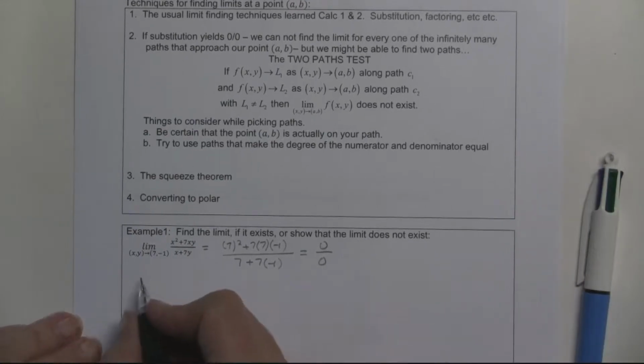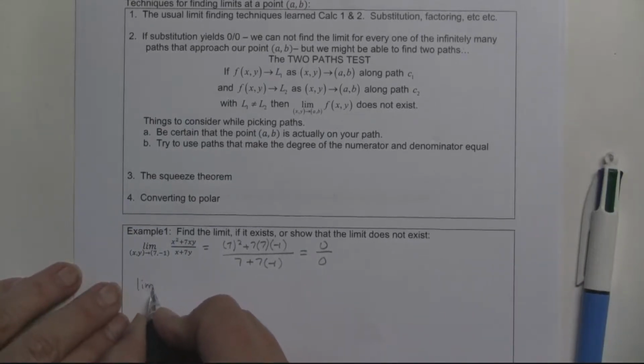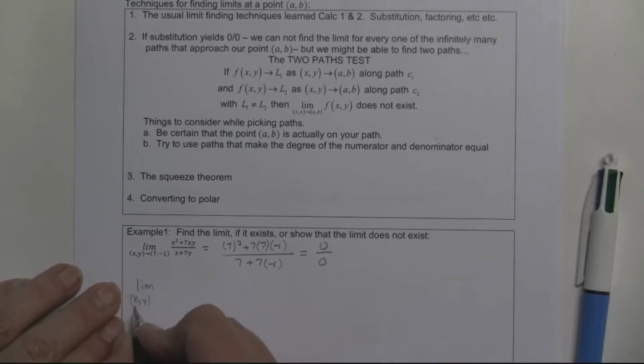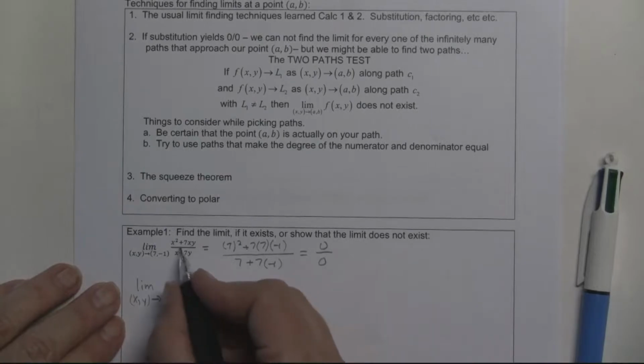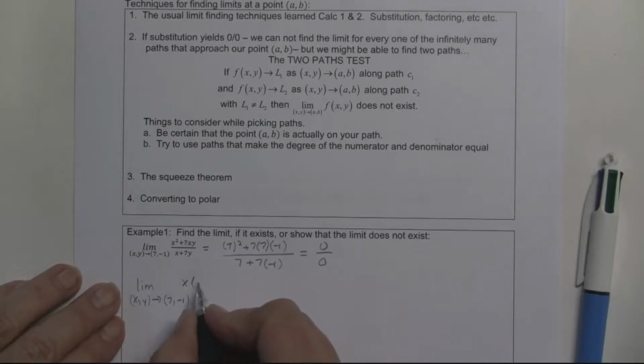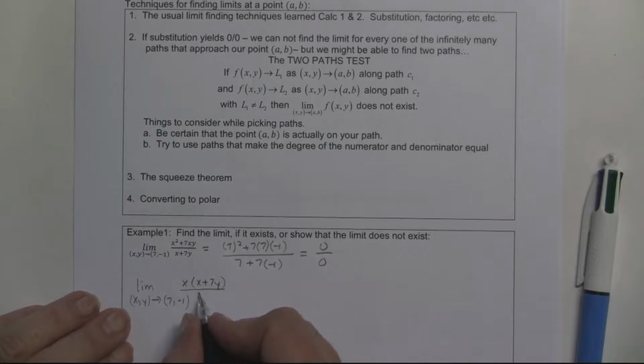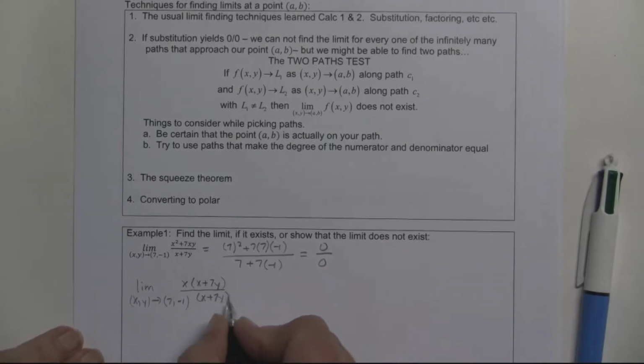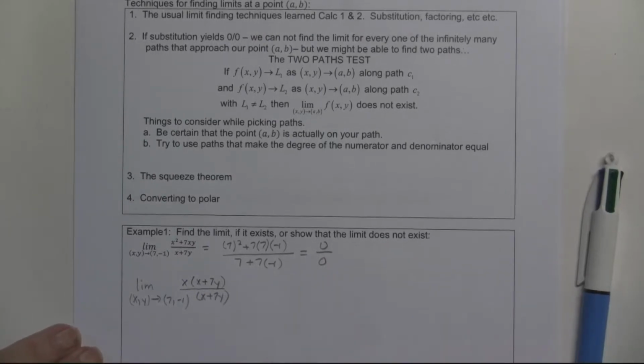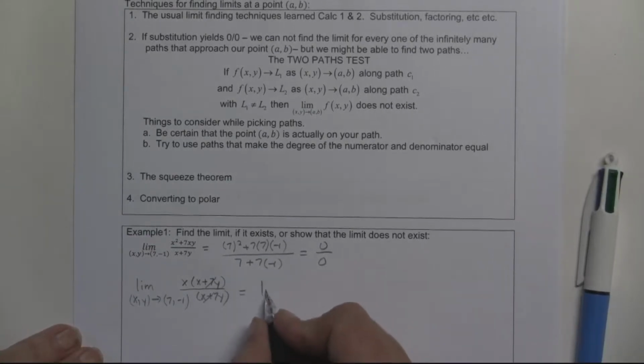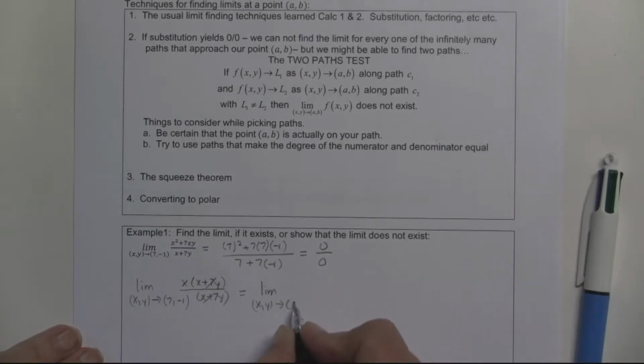I hope you're looking at it and saying, oh, this one happens to factor. So if I factor it, the limit as (x, y) approaches (7, -1), if I factor out an x, is x times (x plus 7y) divided by, in the denominator, x plus 7y, which doesn't factor but is the common factor. If I cancel out that common factor, now I'm finding the limit as (x, y) approaches (7, -1).